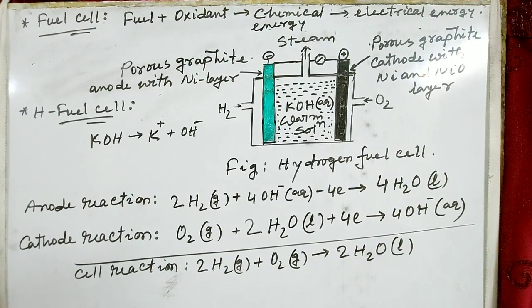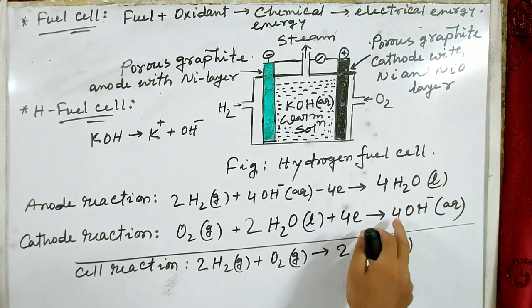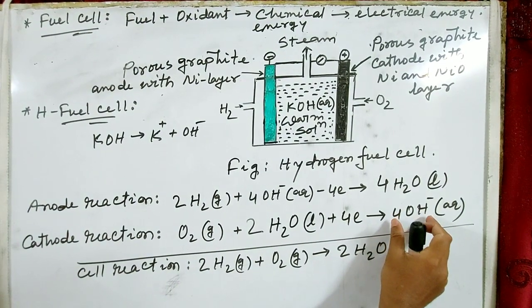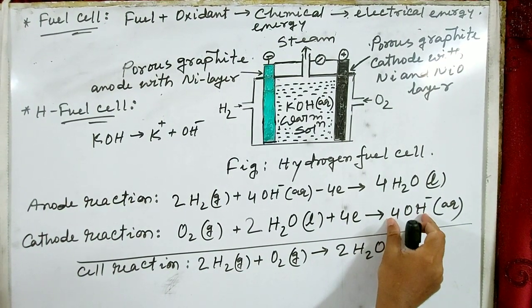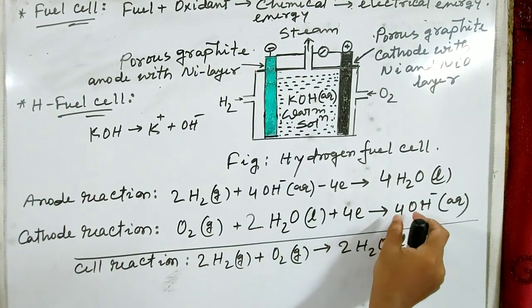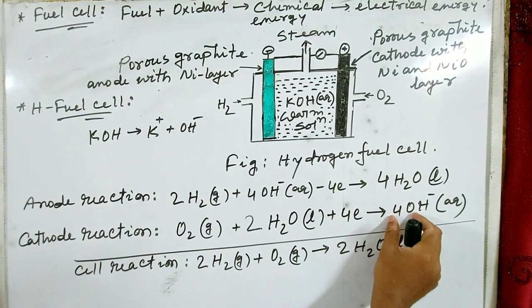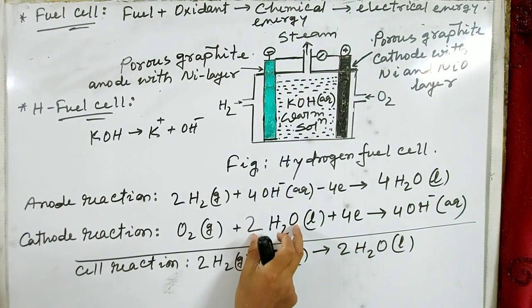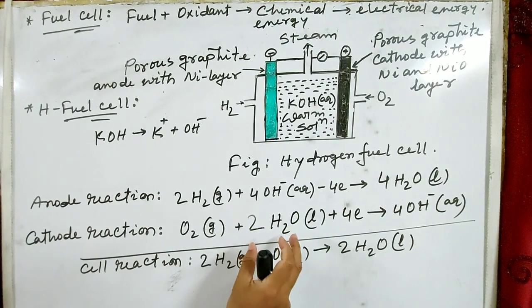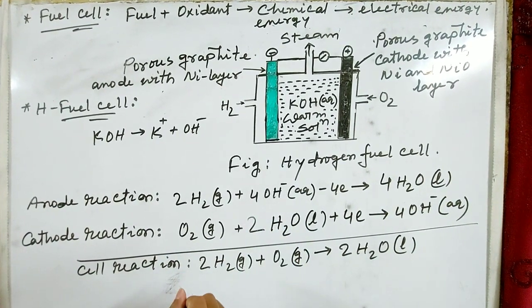Here I also balanced the reaction for hydroxide ions: there are 4 hydrogen atoms at the left side, 2 into 2 is 4, and at the right side 4 oxygen atoms; at the left side 2 oxygen atoms plus 2 oxygen atoms equals 4 oxygen atoms.